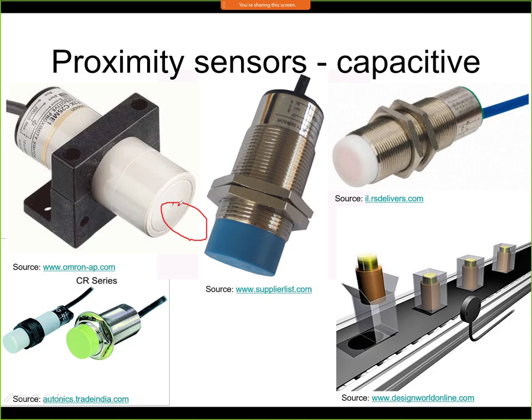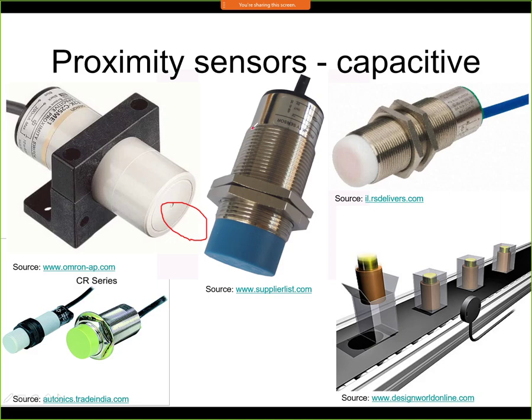So this core is typically magnetized, and it will attract very slightly the piece of metal. So if you take, for example, a screwdriver, approach the sensor, and if it will be attracted, then it will be an inductive sensor. On the other hand, if you approach it and nothing happens, then it is most likely a capacitive sensor. From the outside, it looks very similar.